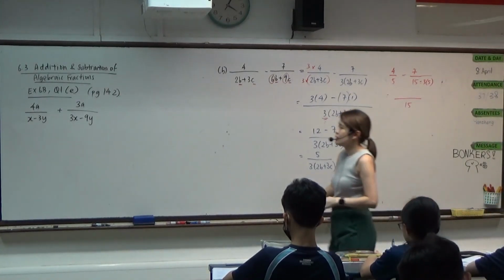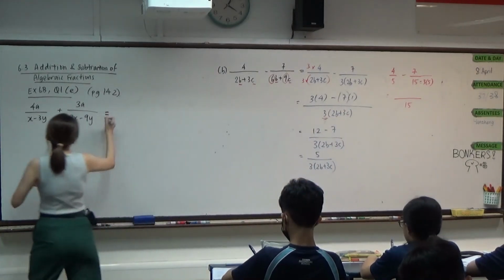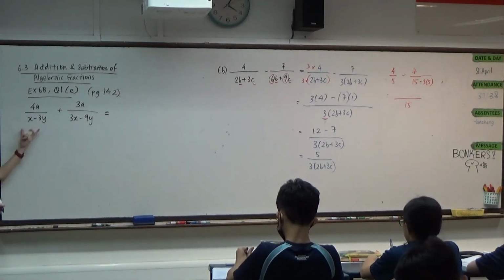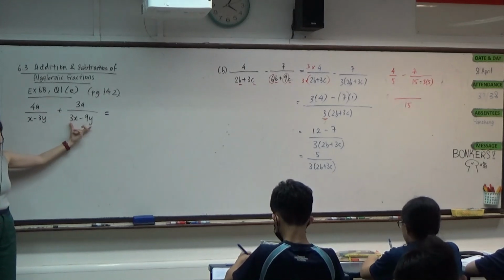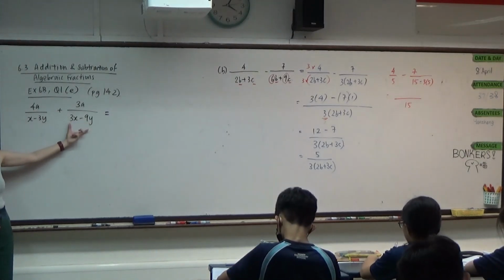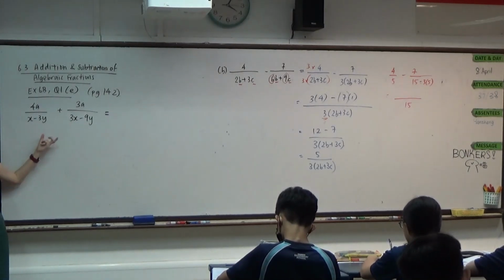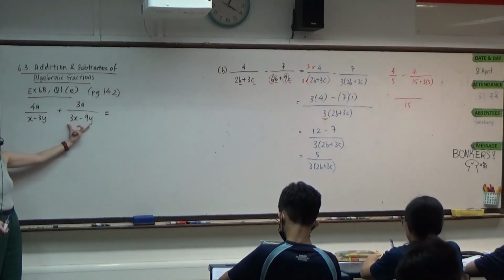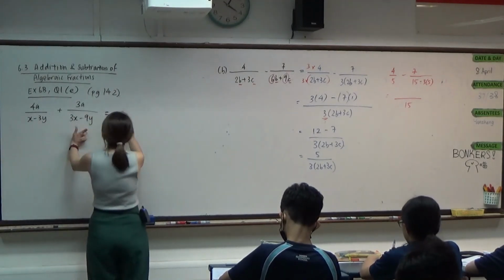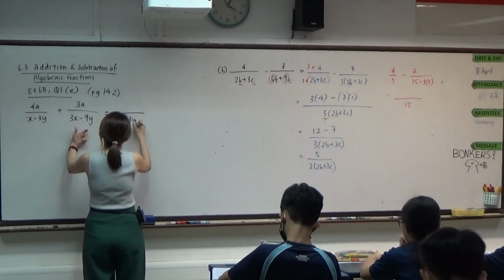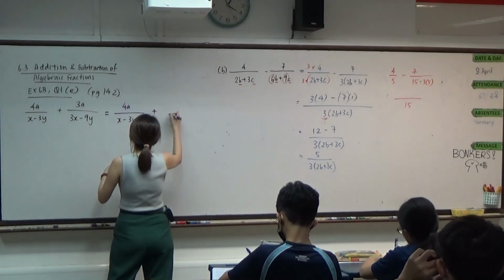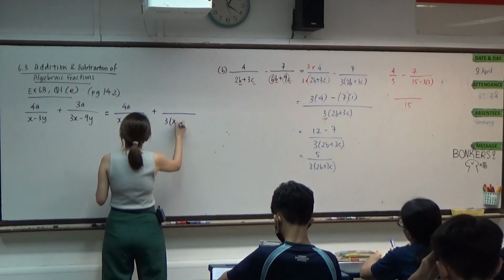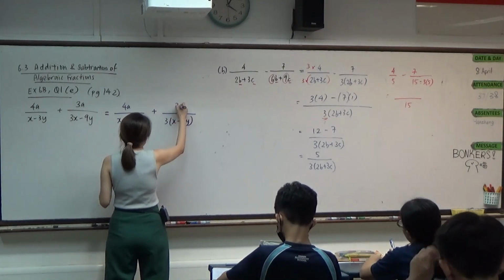Okay, what should we do? Observe, right? Look at the denominators. Do you spot some similarity if you were to factorize? So if I factorize out 3 in my second denominator here, I'm going to get x minus 3y left behind in brackets.